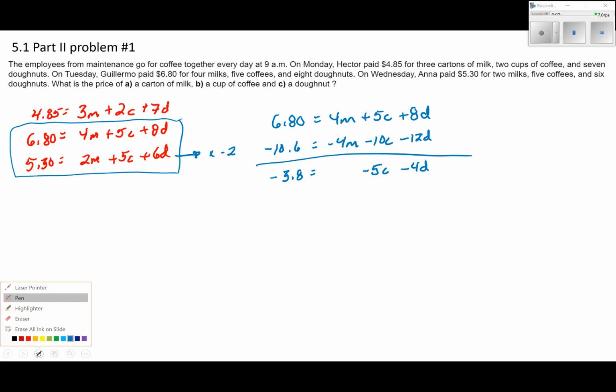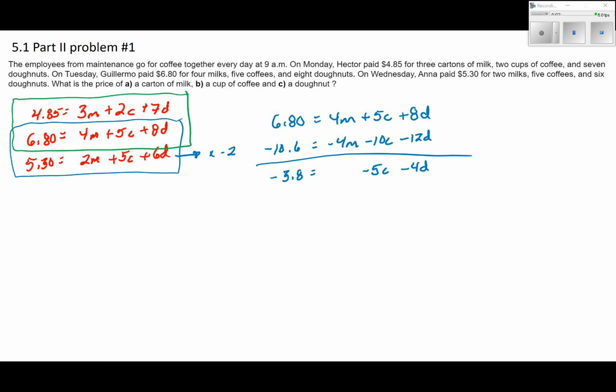So let's tackle another set to eliminate M from the other set. If I were to look at these 2 and I want to eliminate, well, these ones are not easy multiples of each other, but I know I want to eliminate M. And so an easy multiple of each of these is 12.